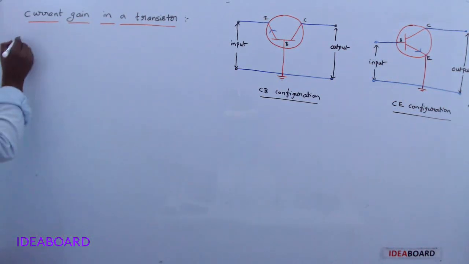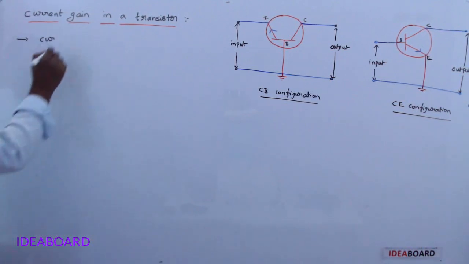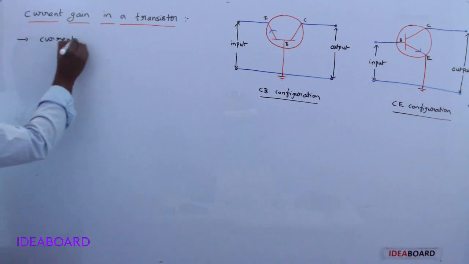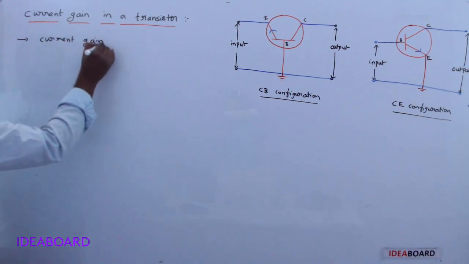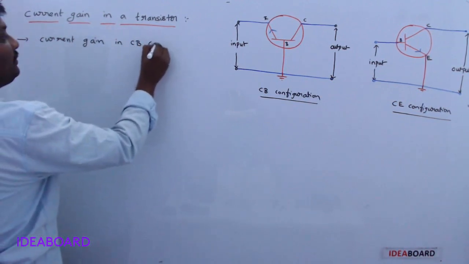The first one is current gain in CB configuration.